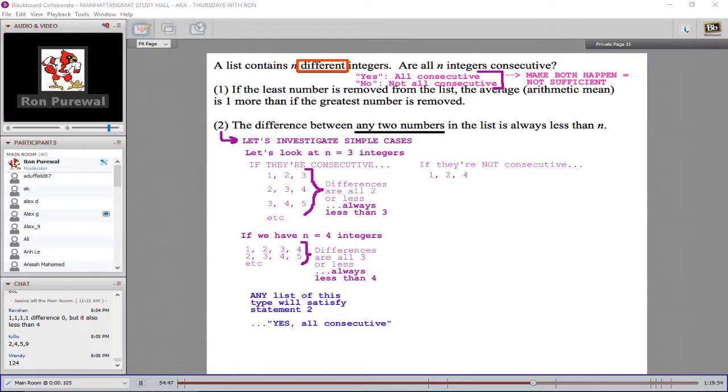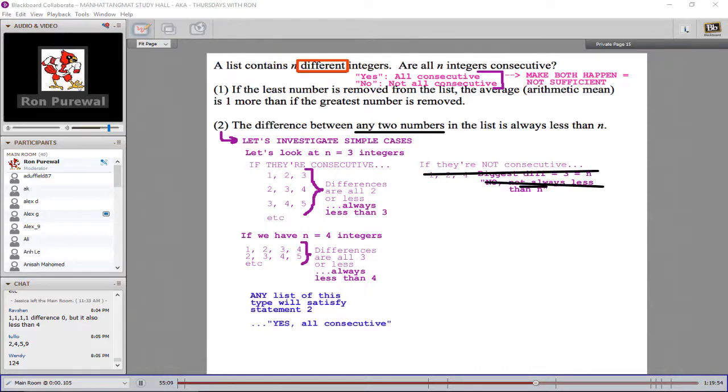But here you have a difference of 3. The biggest difference is 3, which is n. So no, not always less than n. So that just doesn't count. That doesn't satisfy the statement.